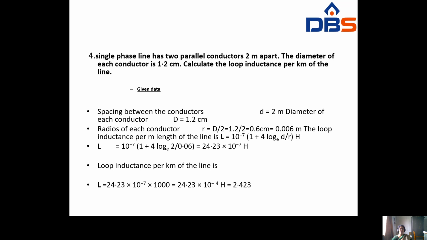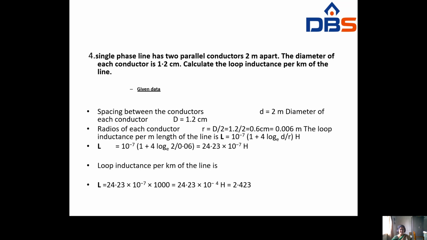So this is the formula, where D means the distance between the conductors and r means the radius of each conductor. From the given data, the distance between the conductors is 2 meters and the radius is 0.006 meters.